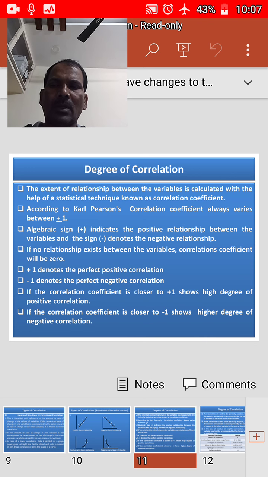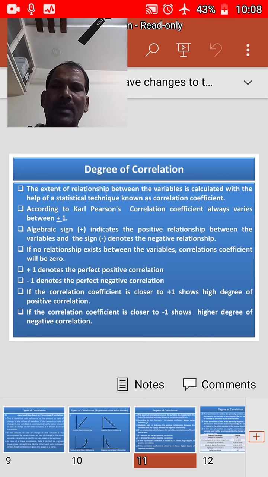According to the formula given by Karl Pearson, the correlation coefficient always varies between +1 and -1. The algebraic sign plus indicates a positive relationship between the variables, whereas the negative sign denotes a negative relationship.